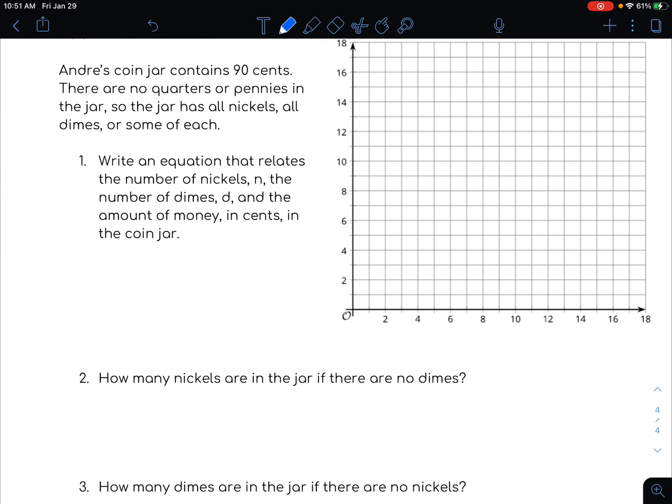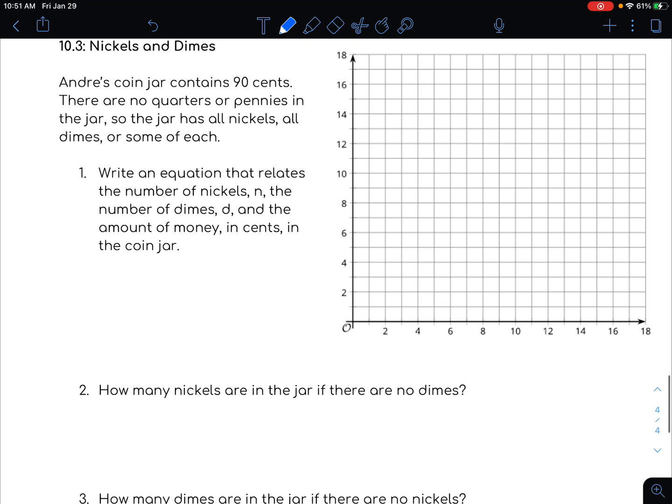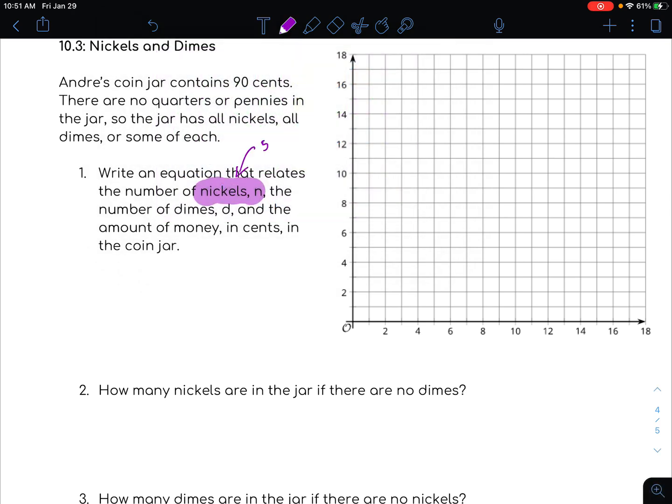So write an equation that relates the number of nickels, N, and the number of dimes, D, and the amount of money in cents that the coin jar has. Okay, well, let's think for a moment about how much the values are. So if we have nickels, we know that nickels are 5 cents.